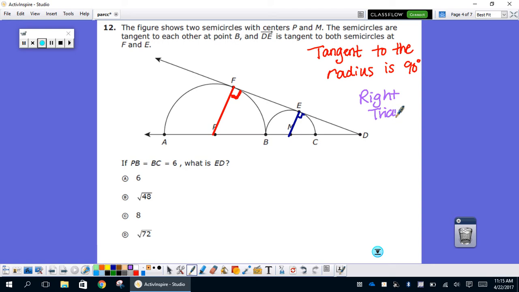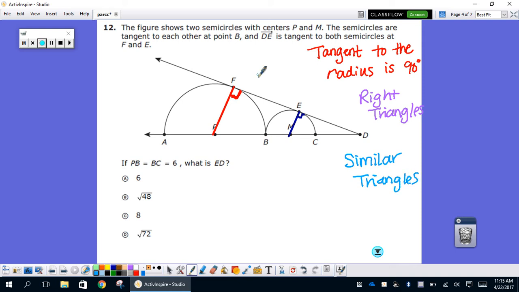And for kicks and giggles, they're going to throw us similar triangles too, because the problem is so nicely complicated. So hopefully if you think about similar triangles, you start to think about proportions.